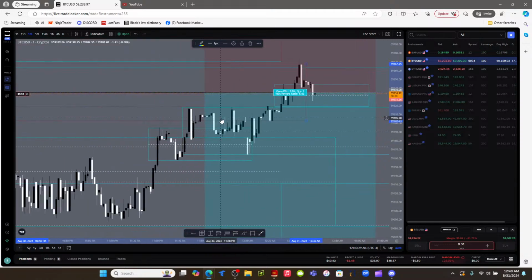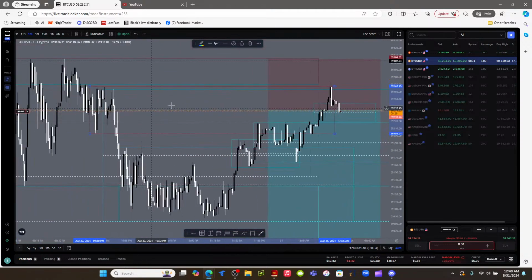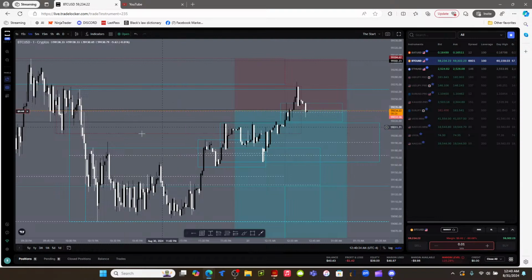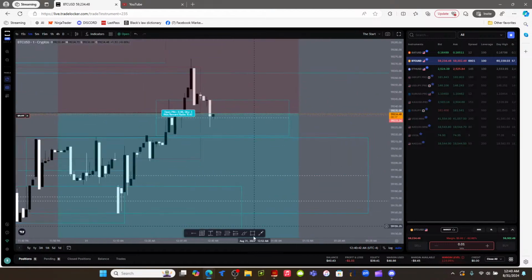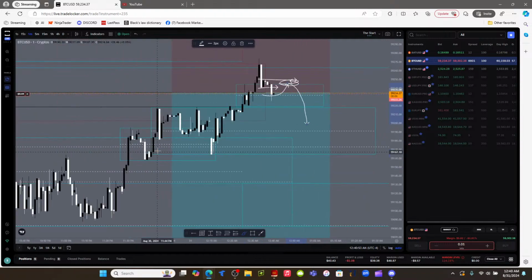Close, but not a high. You feel me? So therefore, I'm still holding my share. What's to be expected in this zone is to give me maybe a little rejection, maybe into here. And then from here, I'm expecting a shift back down.